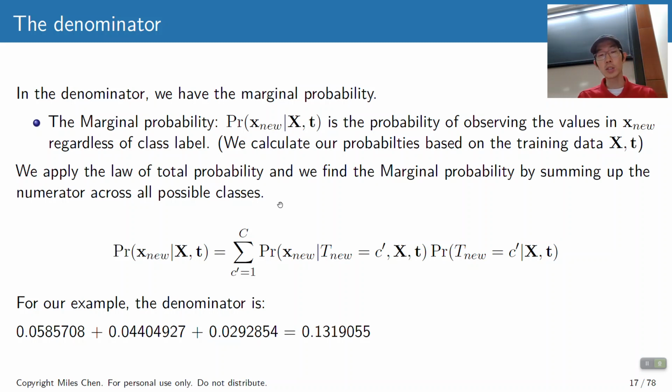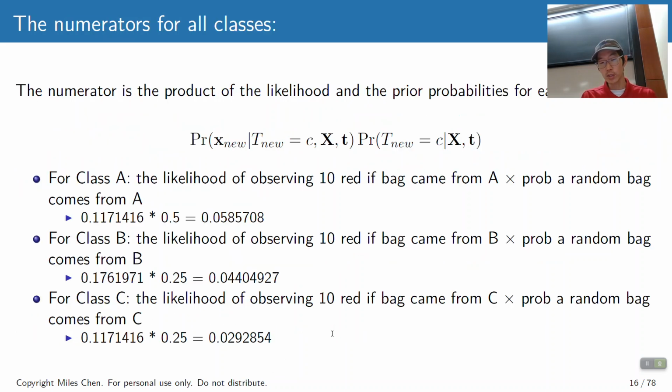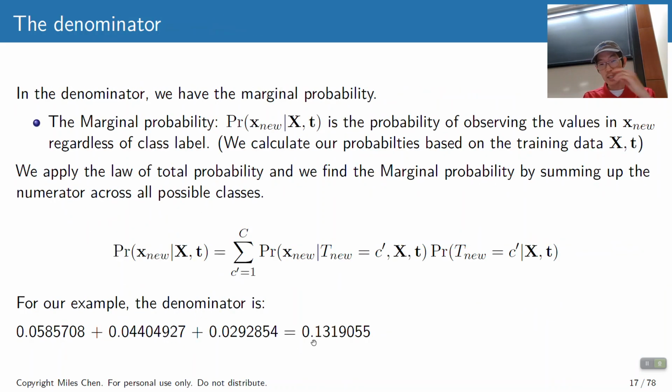So the denominator is just the sum of these three numerator values, 0.1319, 0.132 basically, so that when I take the numerators and divide by this, they all scale up by around 7 times bigger or so. That way they'll add up to 100%. That way they'll add up to 1.